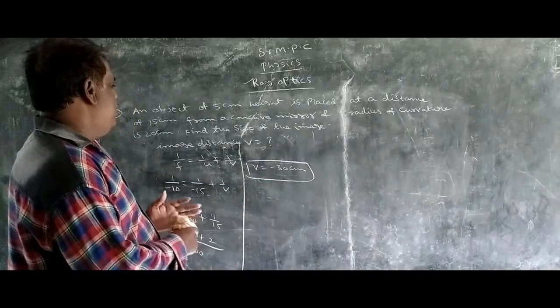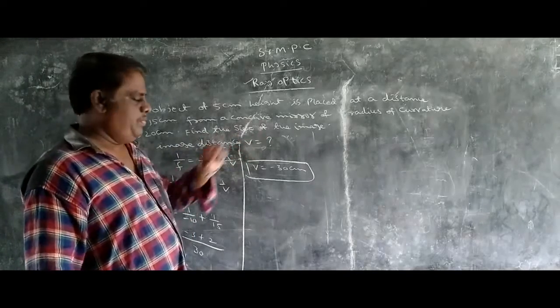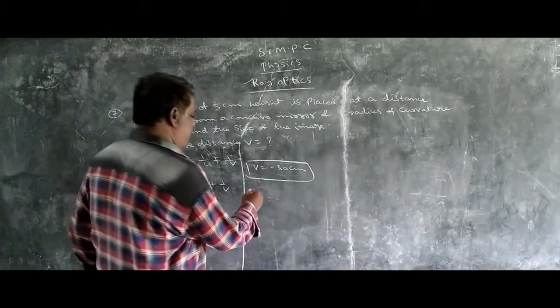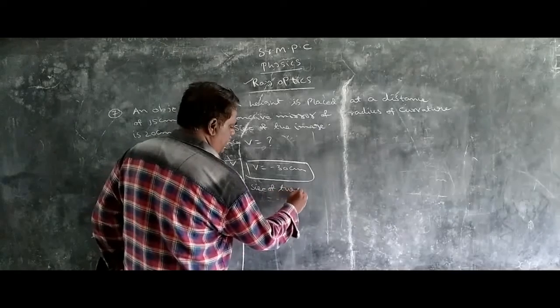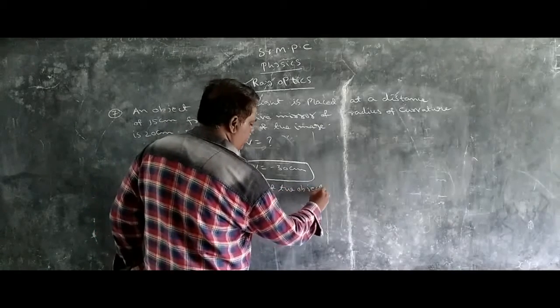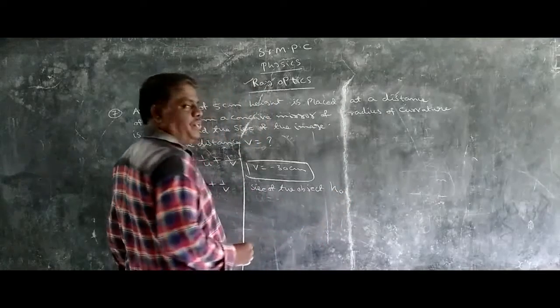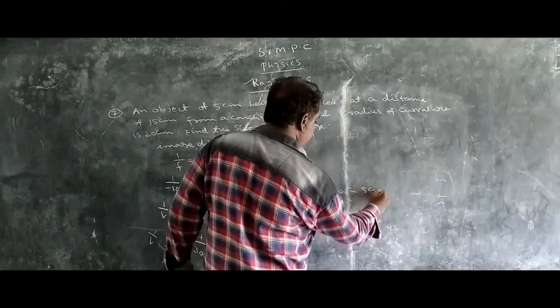But here they asked about the size of the image. So they have given the size of the object. Size of the object should be denoted with object size HO. They have given it as 5 centimeter.